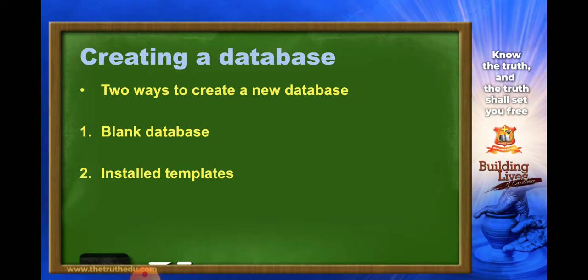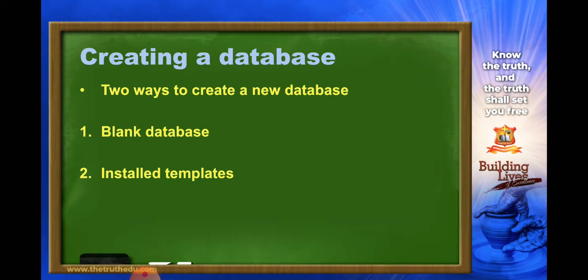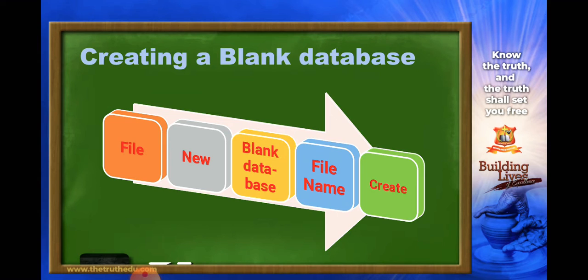You just have to go ahead and start using them. So it's more instant in nature, while blank databases require some working in it. Both the installed templates option and the blank database option are available in our home option.